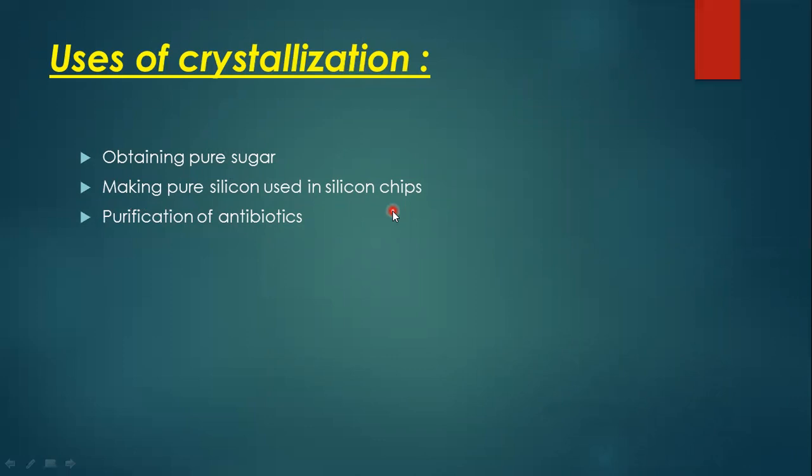So it's very important to make silicon pure, and we can do it by simply doing crystallization, along with the purification of antibiotics. So these kinds of separations can easily be done with the help of crystallization.